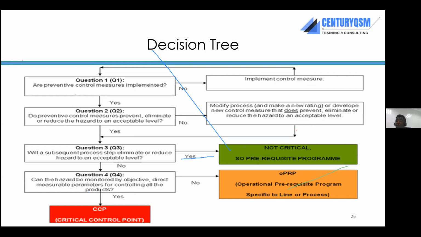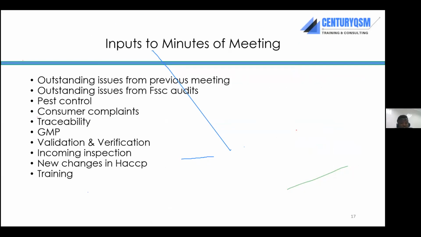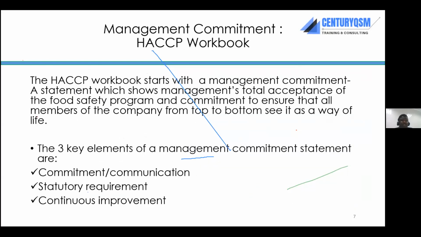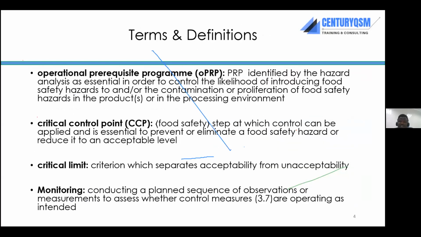Okay, so I said one thing, when defining critical control points. Let me go back. When I define critical control point, look at it. Critical control points, and let us look at operational prerequisite program. Let's look at the definition.